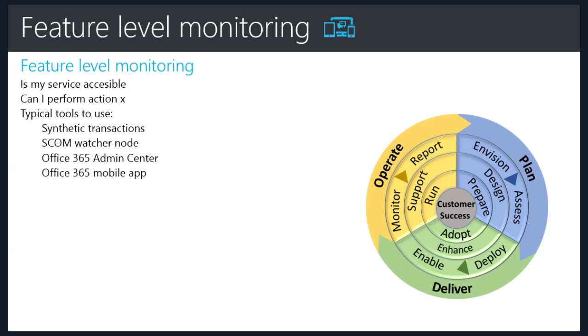In the online world, there is the Office 365 Admin Center, where I can verify the service status, as well as the Office 365 mobile app that comes with push notifications, so that I am proactively informed and notified about the service status and any outages or degradations, if there are any.